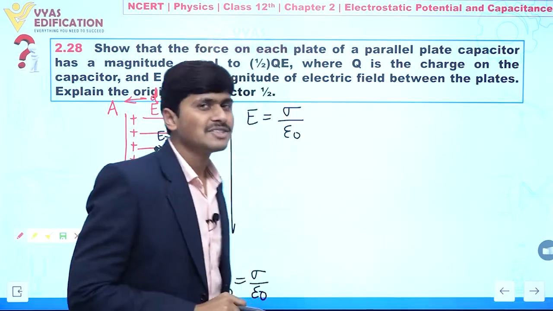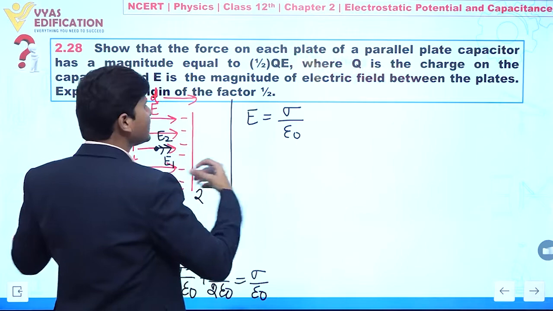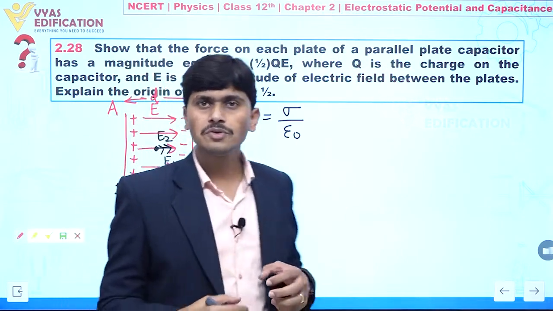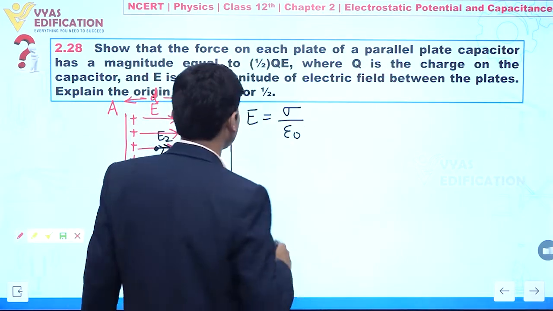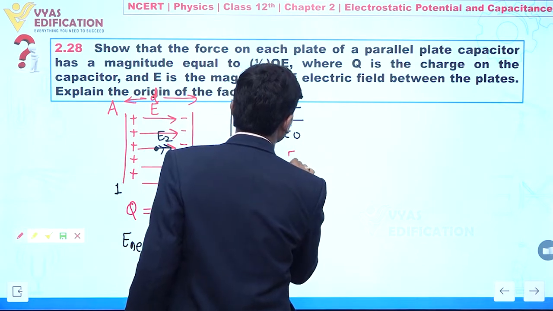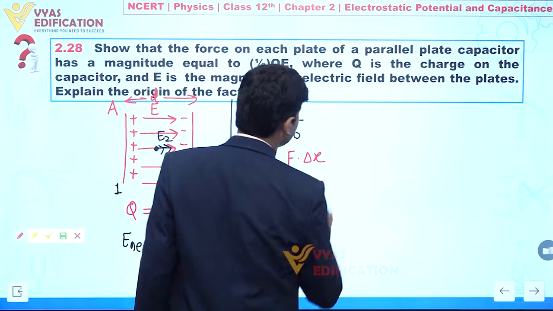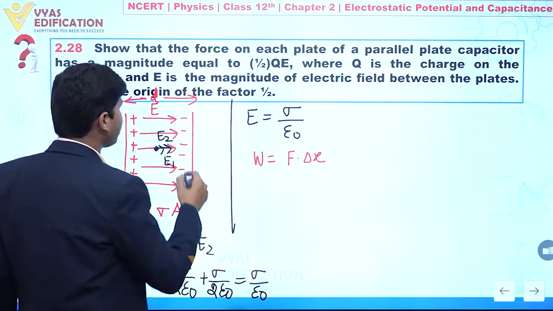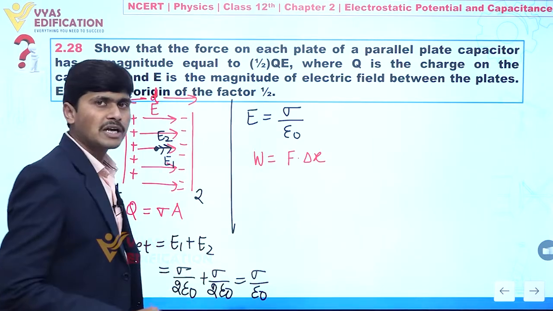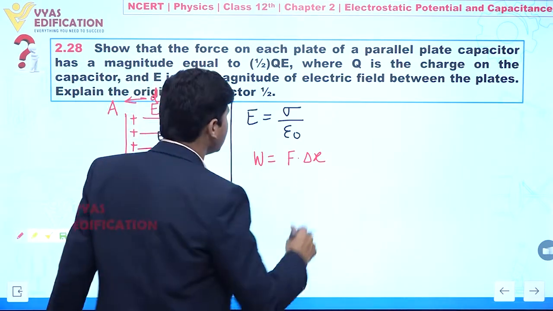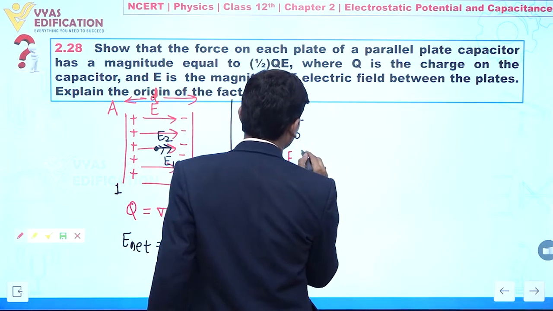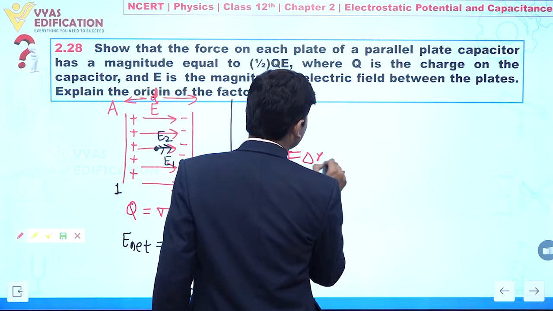Can we find that against this electric field we have to do some work? Yes. So we can write work done is equal to F dot delta x. Let's suppose I am exerting force in the right direction and the displacement is also in the right direction, so directly I can say this is F multiplied by delta x.